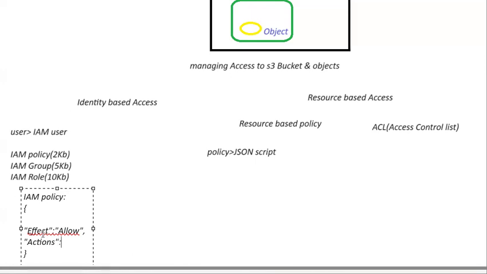If you want to allow all actions, then simply put a star. If you want to allow only certain actions, then you need to write them within square brackets. So let's say I want to allow this particular user to put objects, then write s3:PutObject.